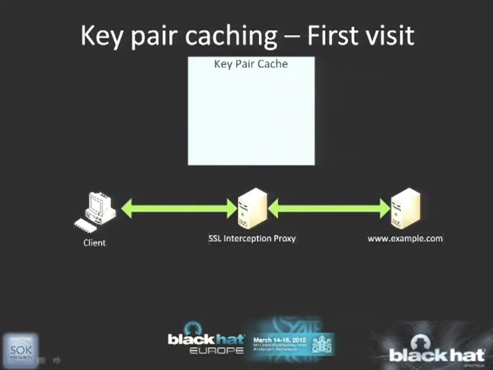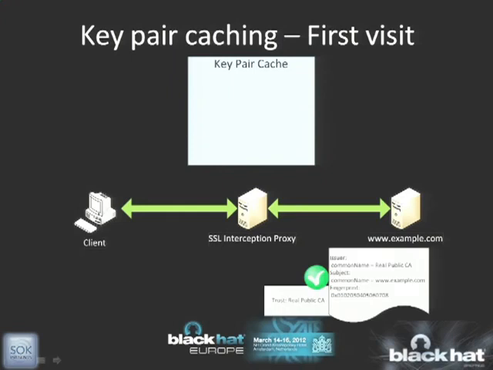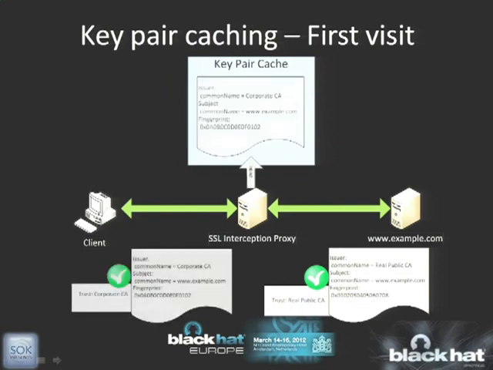In this example, we have a client connecting through an interception proxy. As before, the server presents its certificate, the interception proxy trusts it, validates it, it's all good. So it generates a new certificate for the client-side session, stores that key pair in its cache, and presents that certificate to the client. The client validates that everything's good.